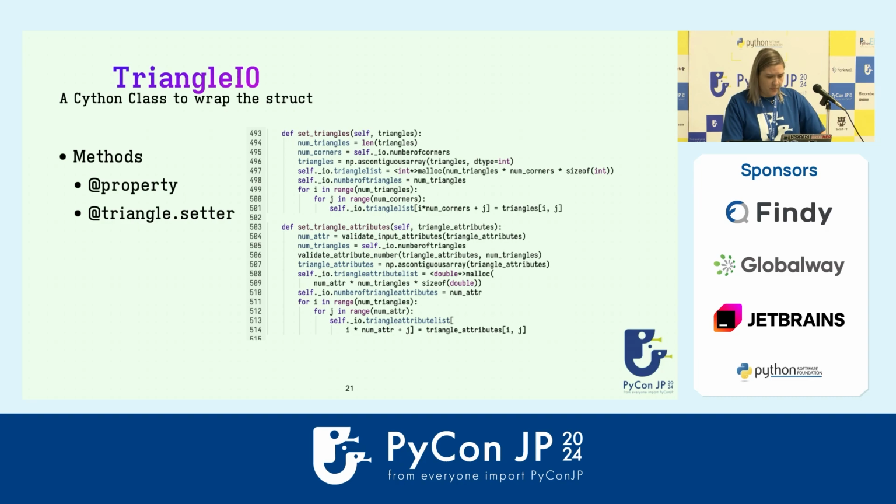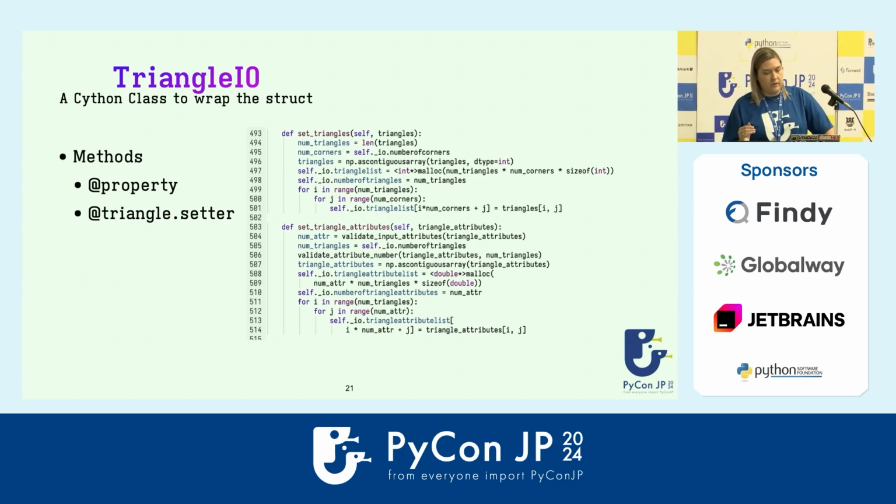In terms of setting triangles or setting triangle attributes, you need to use NumPy methods to get a contiguous array. Then you need to set the memory allocation based on the size and the value type. And then you have to iterate over the Python object in order to put it in the Cython object.